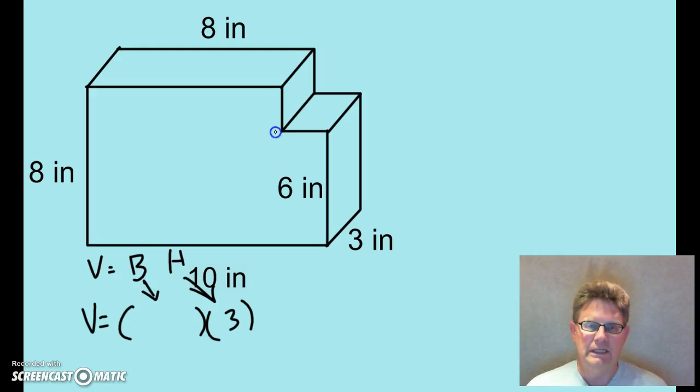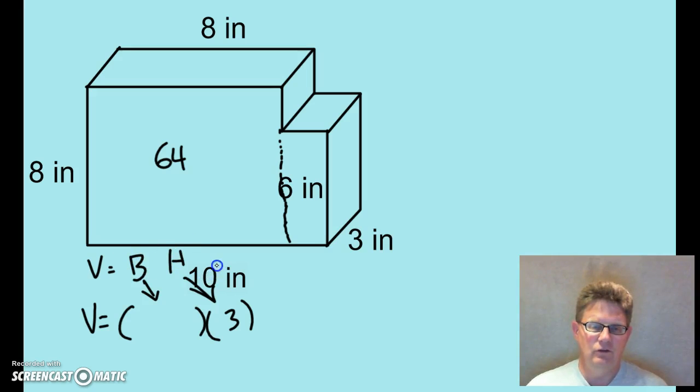Now you could either cut it here to make two rectangles, or you could cut it right here to make two rectangles, and that's what I'm going to do. So this will be an 8 by 8 square. Area of that is 64. Alright, let's see here.